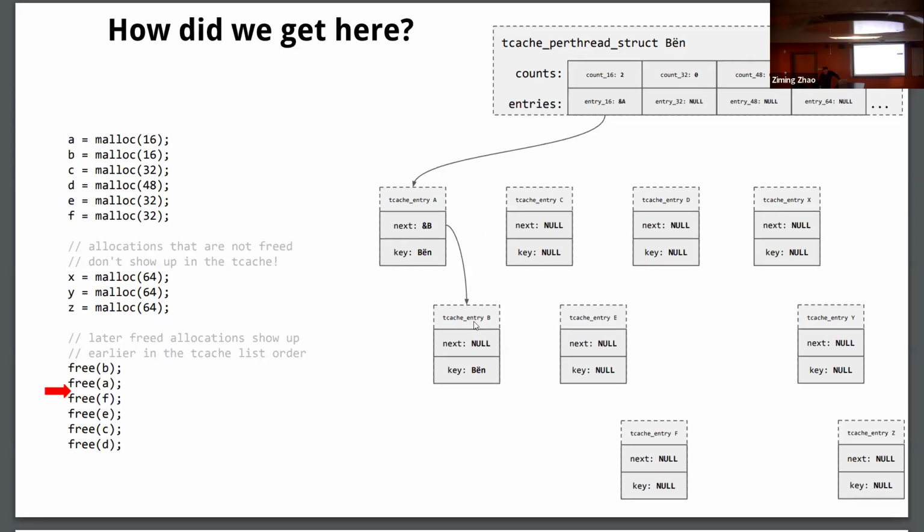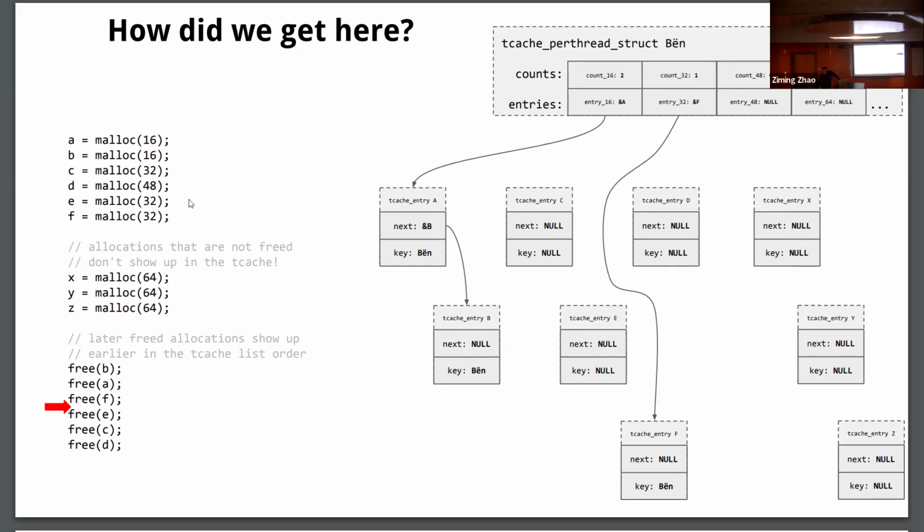Now we're going to free F. F has 32 bytes, so it doesn't belong to the bin for A and B. It will go to the 32 bin, where the head points to F. Then we free E, which is also 32 bytes, so E will be inserted at the head.